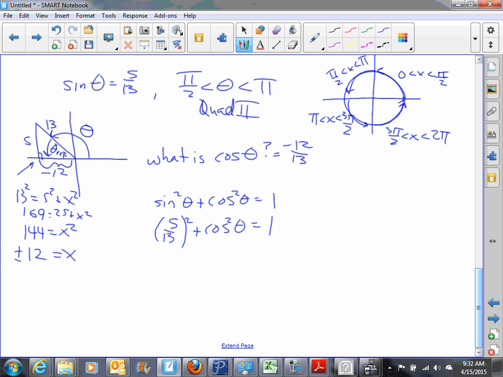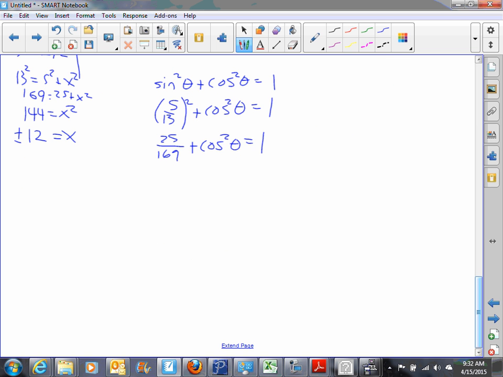Now 5/13 squared is 25 over 169. To solve for the cosine of theta, we subtract 25 over 169 from each side. We get cosine squared of theta is equal to, now I just want to say 144 over 169, but think about it with me.